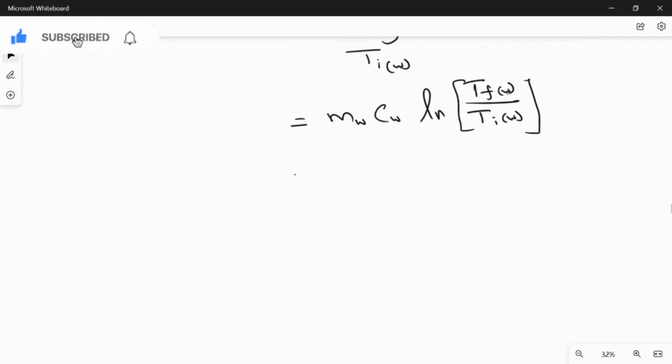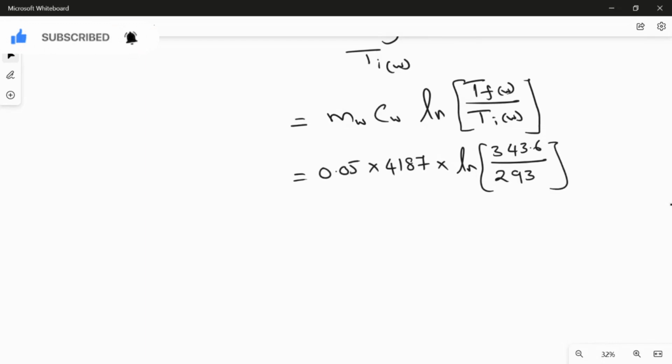In terms of kilogram, this is 0.05, multiplied by the specific heat capacity of the water, 4187, multiplied by the natural log of the final temperature of the water, 343.6, and the initial temperature, 293. So I'm going to calculate these values for getting the answer for the entropy change.